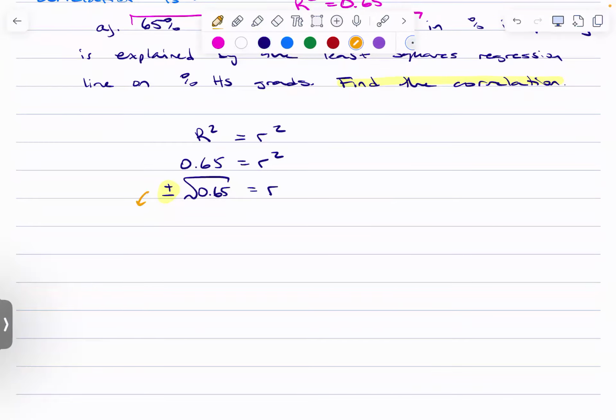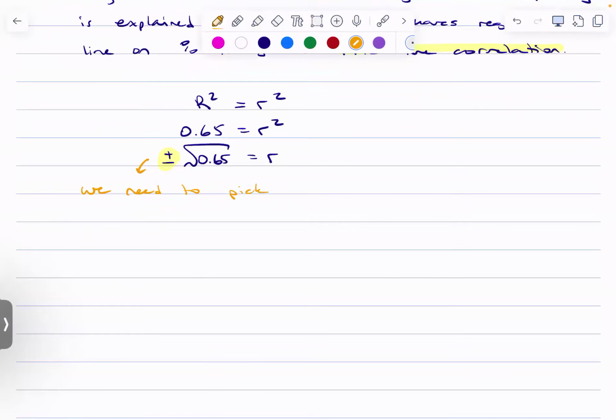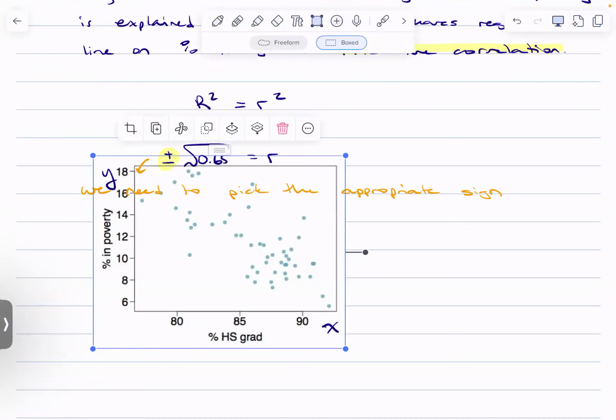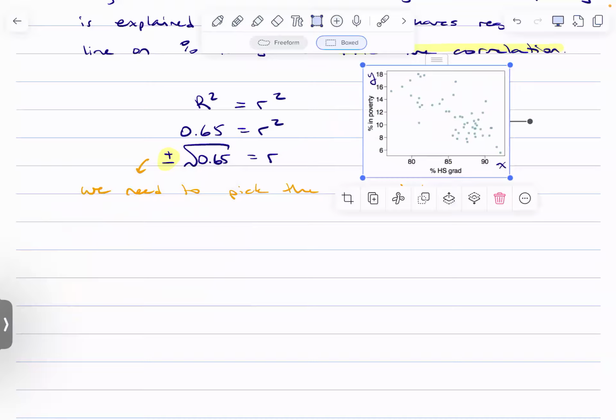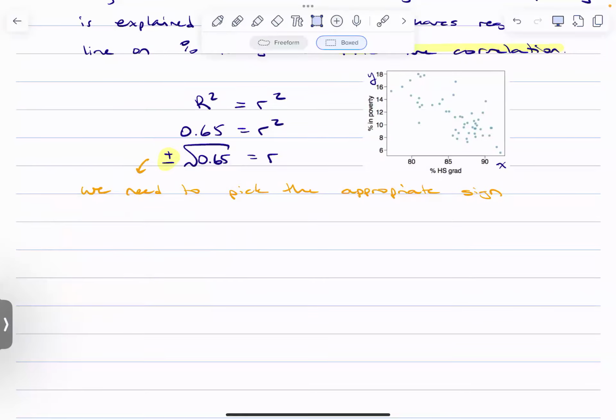Now here, we need to pick the appropriate sign, and that's where, and I'll throw that in here, if I have this negative relationship, then the only way that my slope becomes negative is through my correlation.